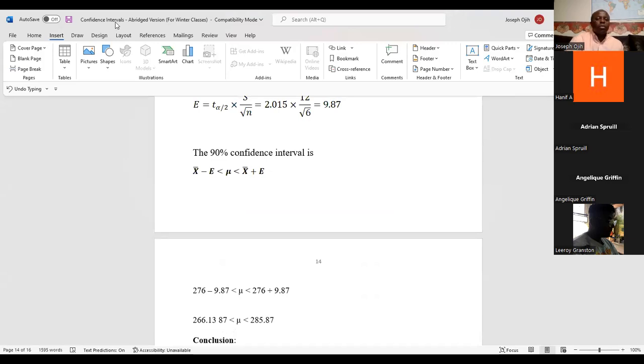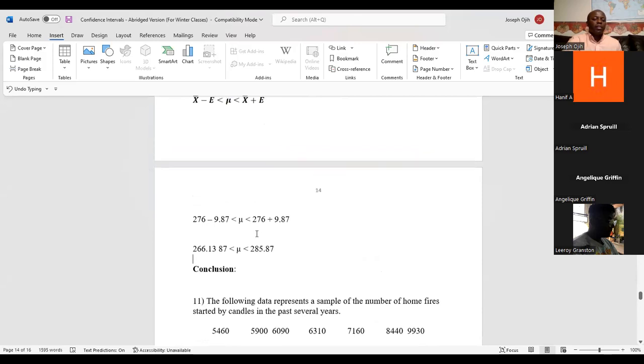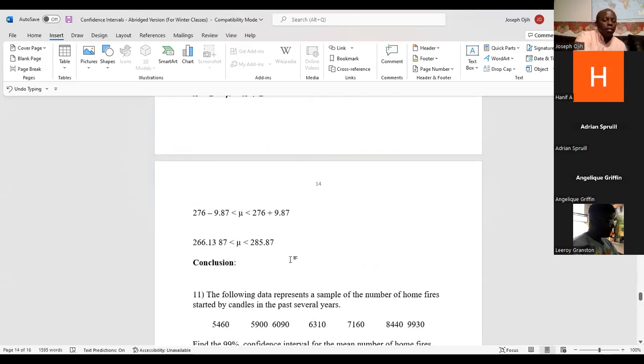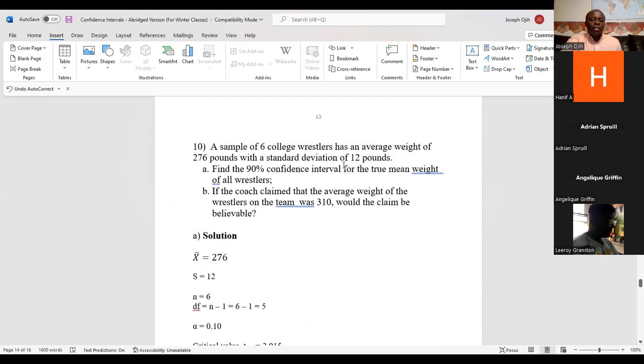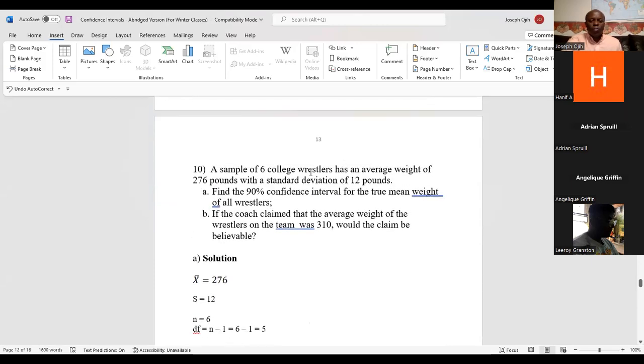So we can now say that we are 90% confident that, because if you remember, this question is about the average weight of wrestlers. A sample of 6 college wrestlers has an average weight of 276 pounds. So find the 90% confidence interval for the true mean weight of all wrestlers.